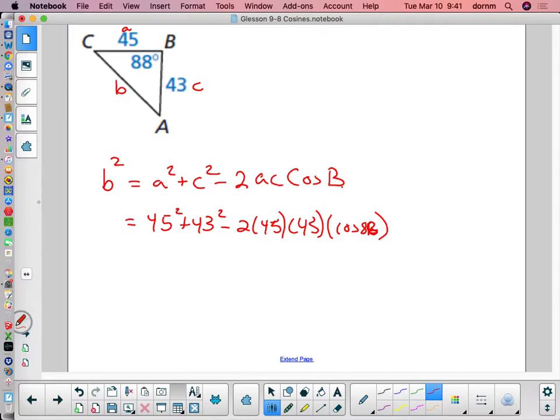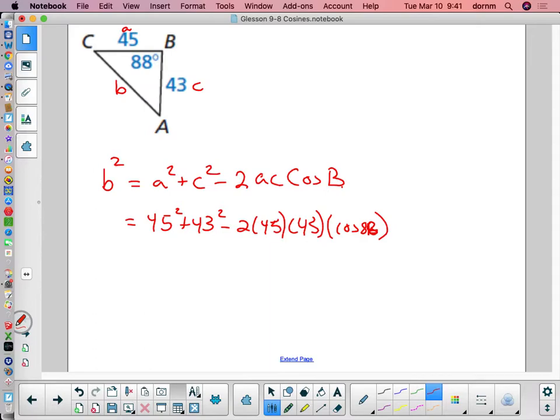Put it in our calculator. 45 squared plus 43 squared minus 2 times 45 times 43 times cosine of 88. And it gives me this big, huge number, 3,738. Oh, that's right. I got to square root that.